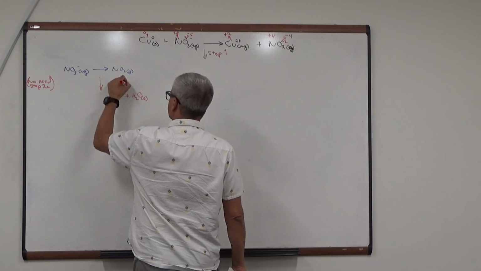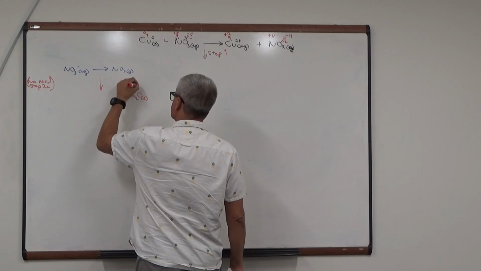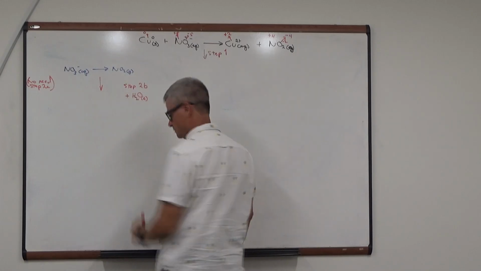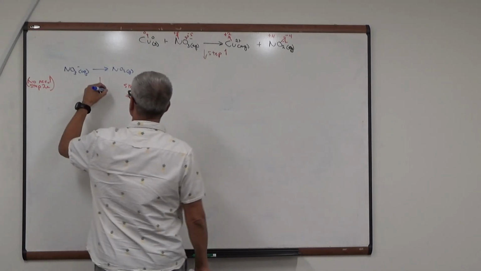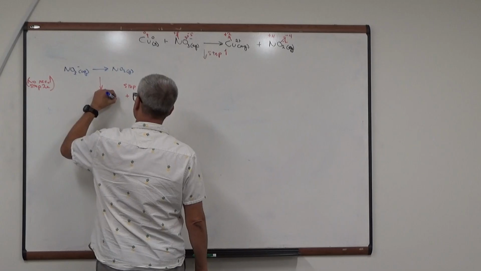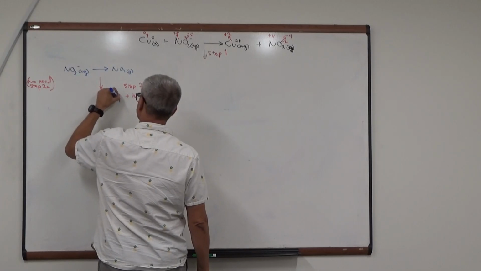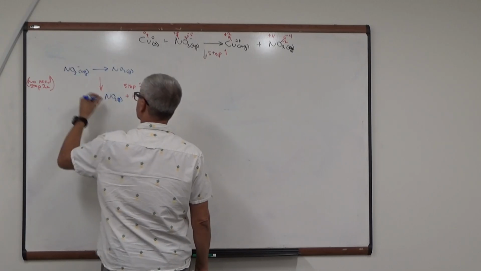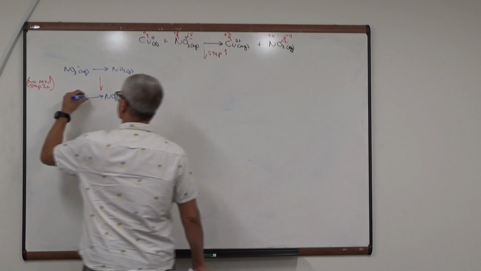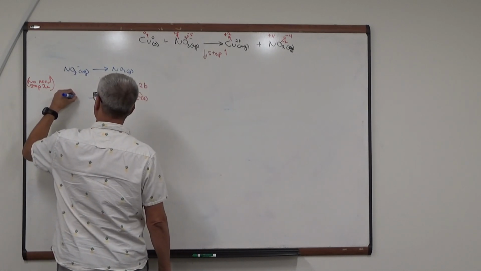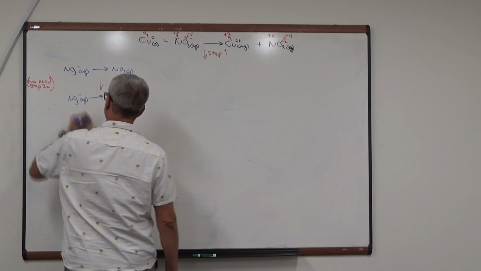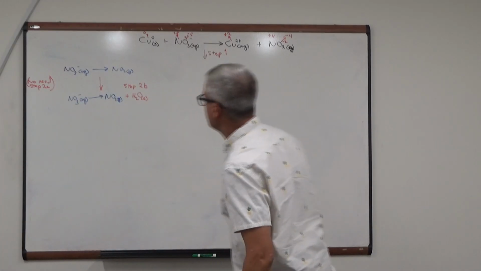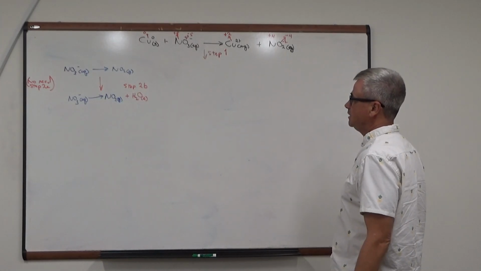Okay, it's going to be step 2B. NO3 minus aqueous. Now we need to balance the hydrogens.